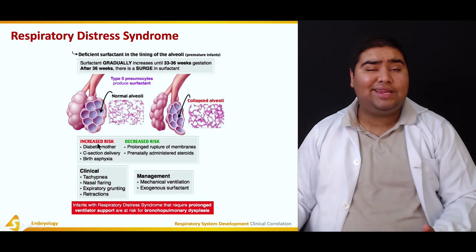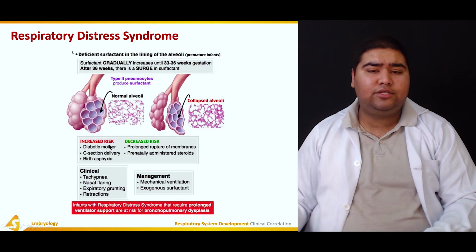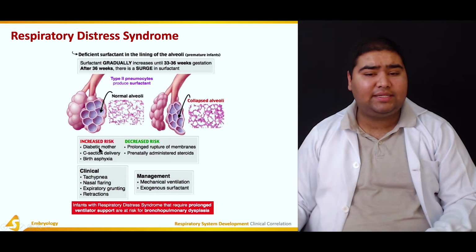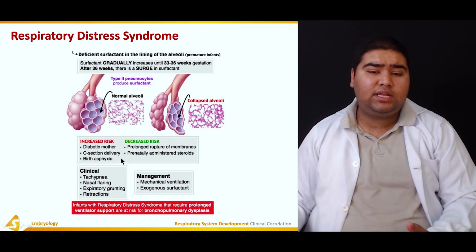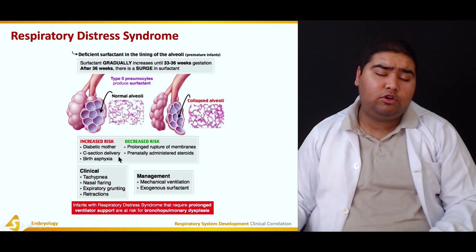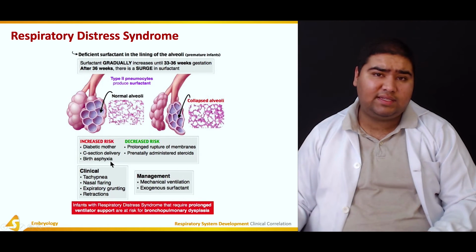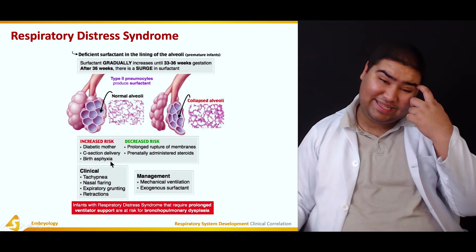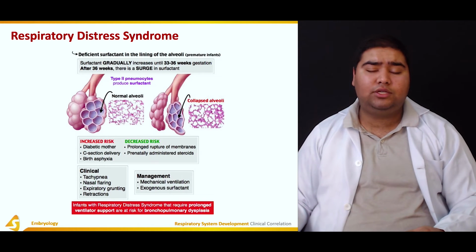Individuals who are at increased risk of respiratory distress syndrome are infants of diabetic mothers, C-section delivery because it usually occurs somewhat before term, and birth asphyxia, a child which is asphyxiated during birth.